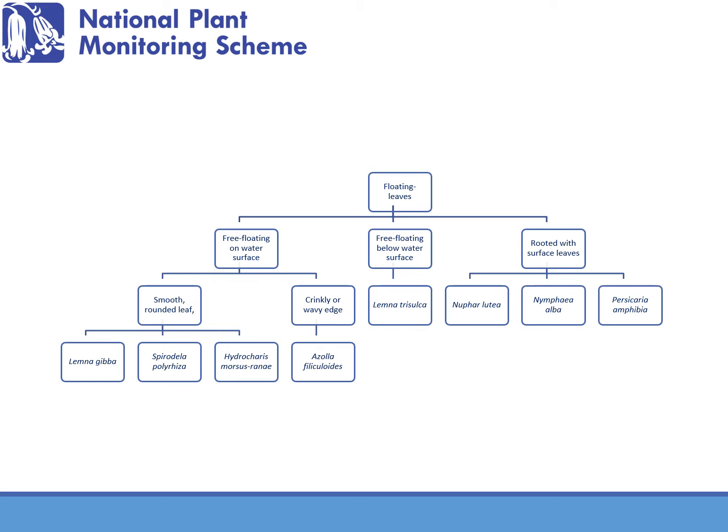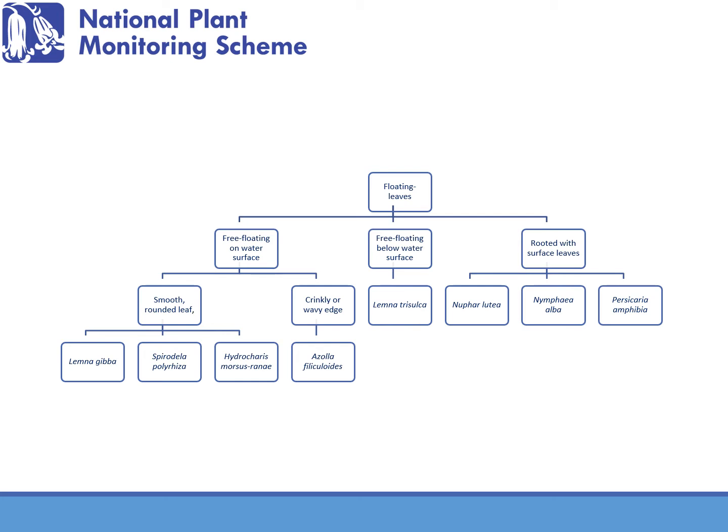Free floating species get blown around or drifted around depending upon current and wind. Some species float on the water surface, whereas others float within the water column. Those which you find on the water surface tend to have a very waxy upper surface, which acts as waterproofing.